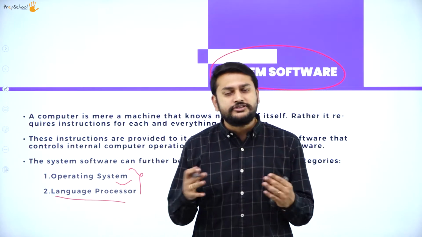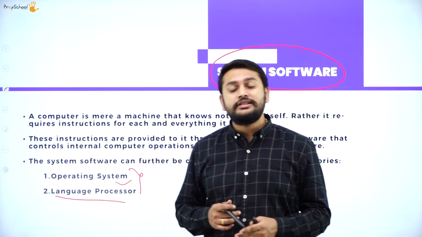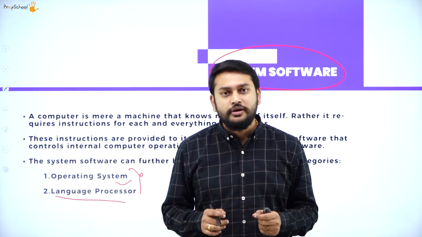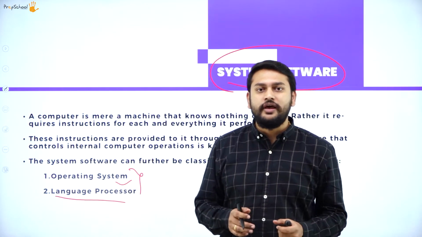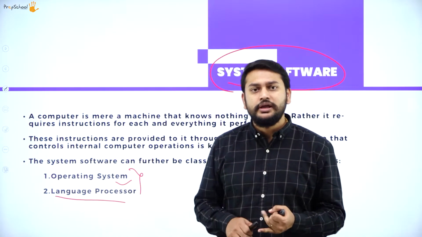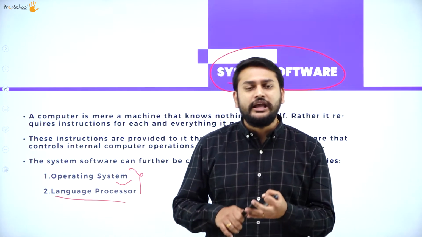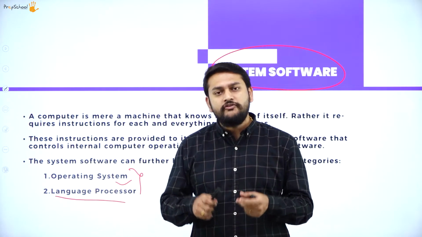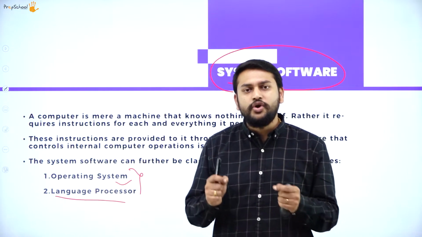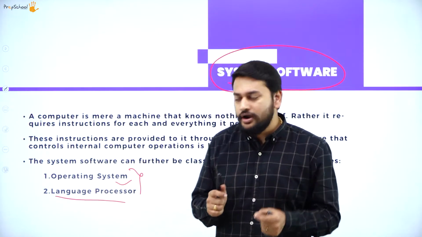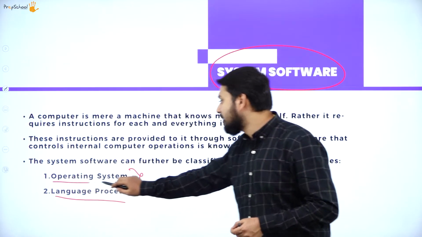What exactly is an operating system? If I have a system, everything is managed by one particular software. It can be memory management, process management, or device management. Everything is controlled, coordinated, and executed with the help of that software, the operating system.